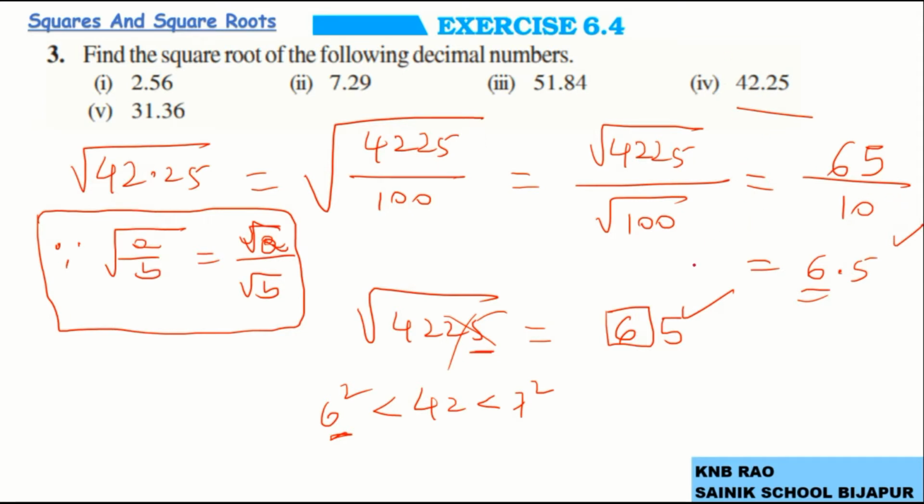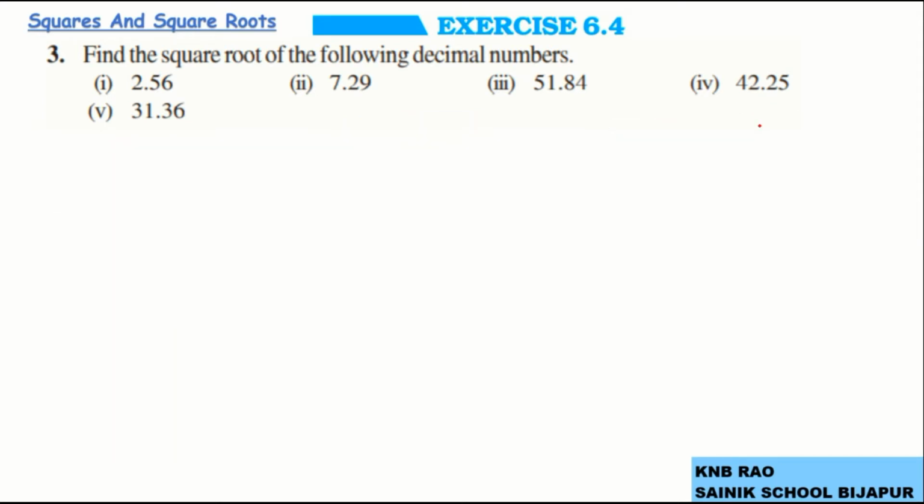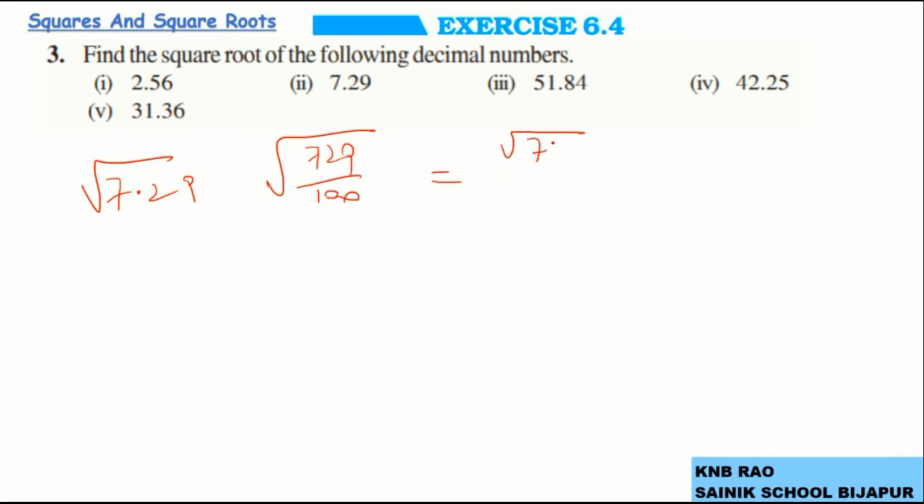This is method 2. Taking it further, we can solve any one out of them. Suppose we are finding the square root of 7.29, it is square root of 729 by 100, which is square root of 729 by 10.